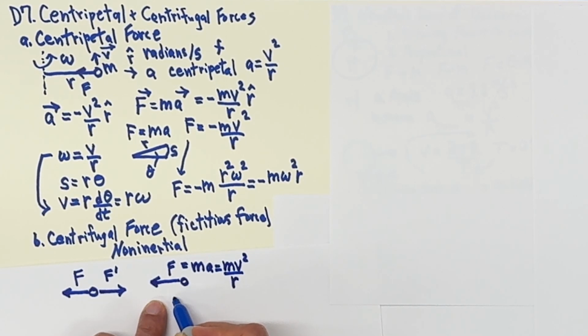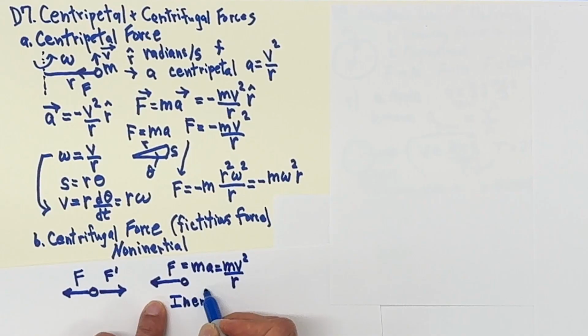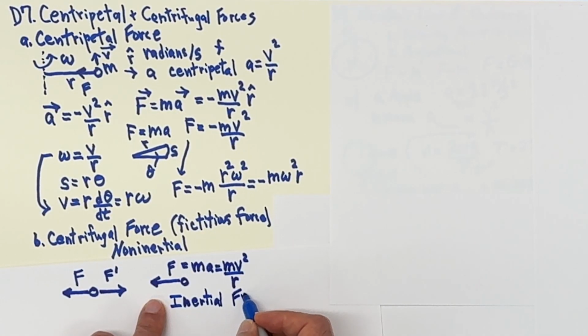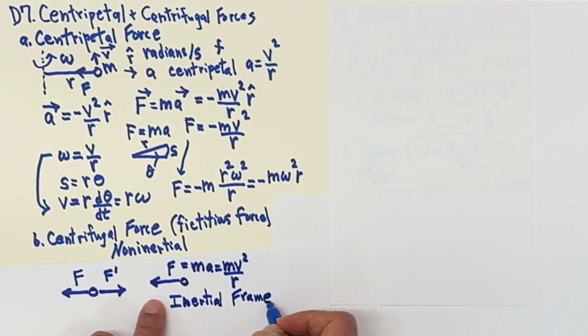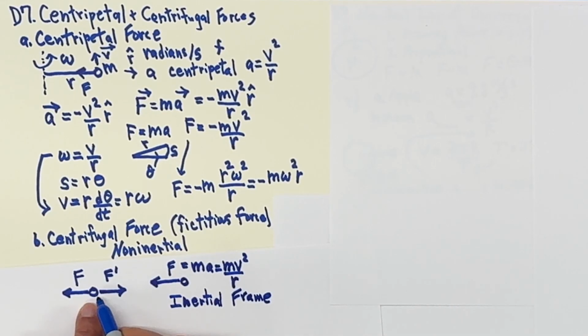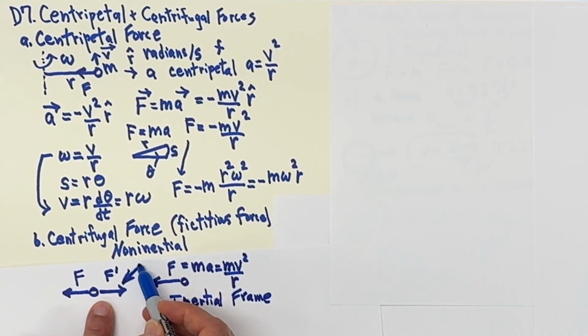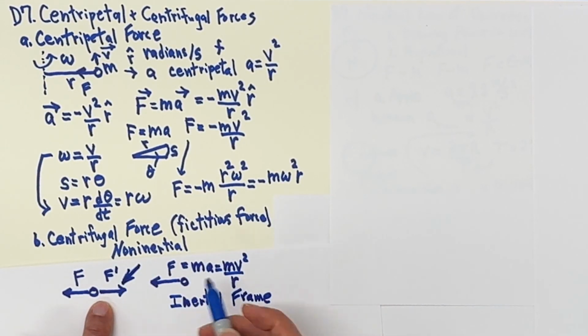This is looking at it from outside, which is an inertial frame. Inertial just means the frame of reference is not undergoing acceleration. So that's inertial frame. And this analysis here, which introduces the centrifugal force, this fictitious force, this is a non-inertial frame of reference.